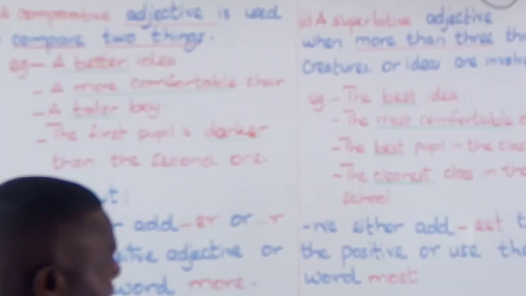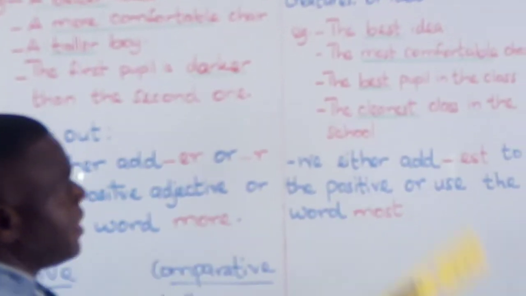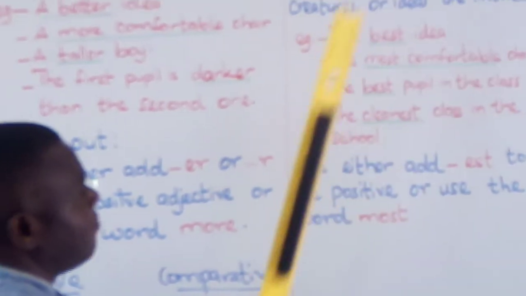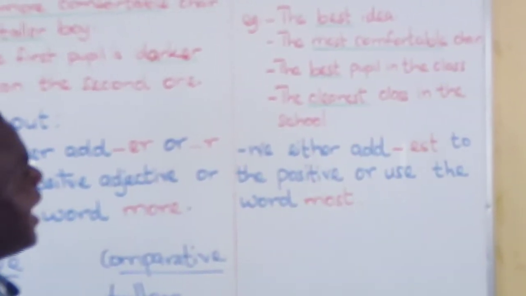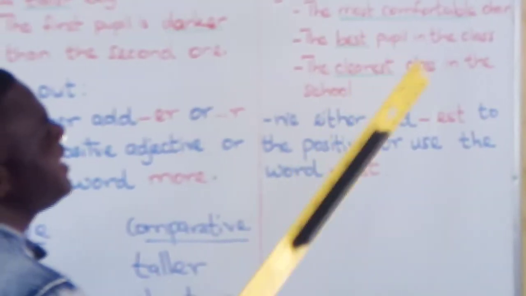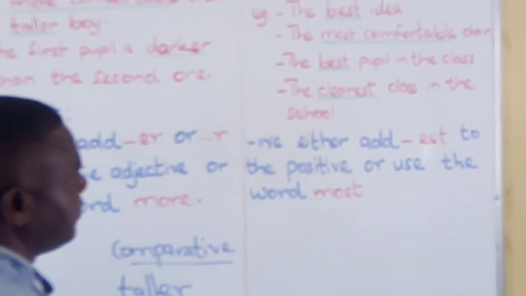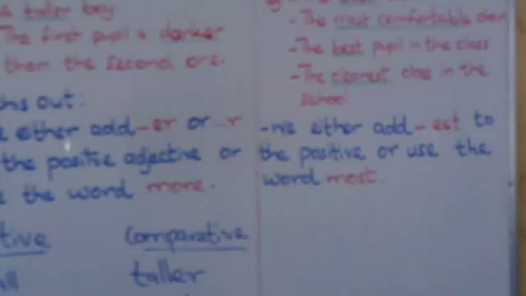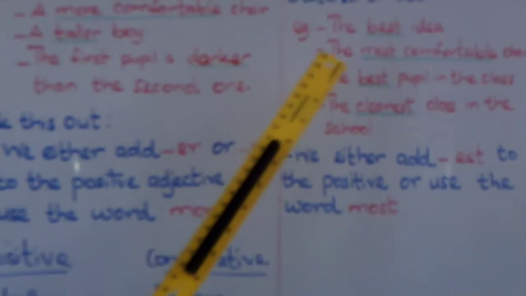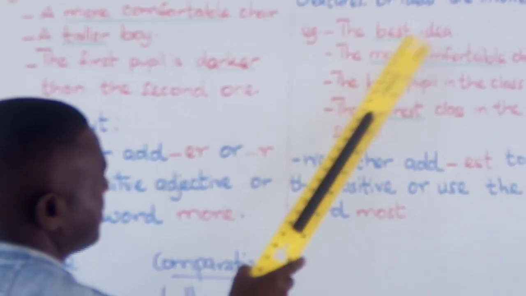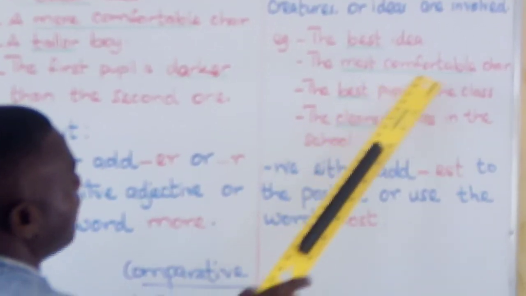The most comfortable chair. The best pupil in the class. The cleanest class in the school. So I have underlined these superlative adjectives. I've underlined best. I've underlined most comfortable.